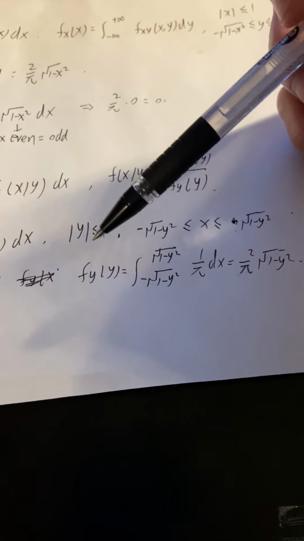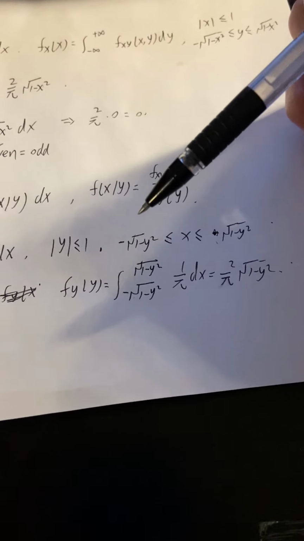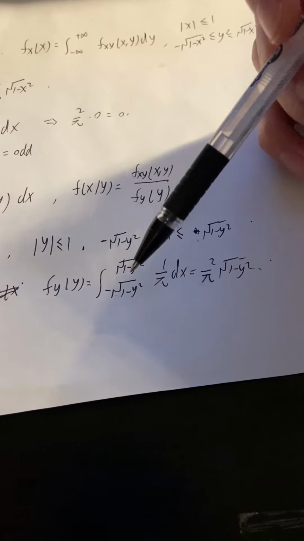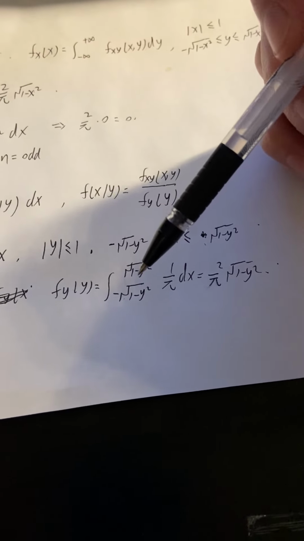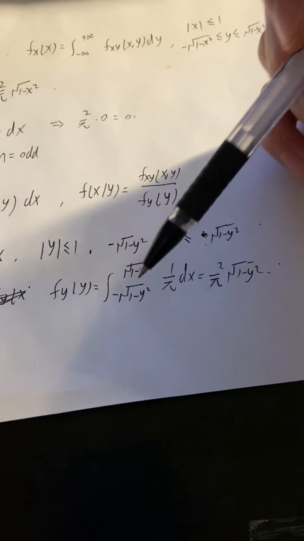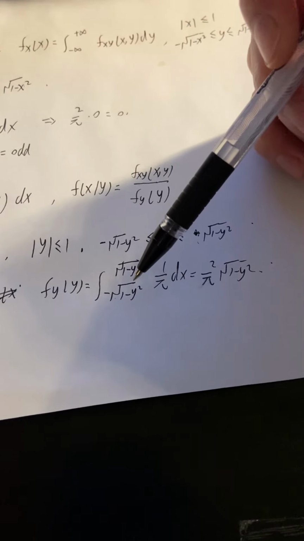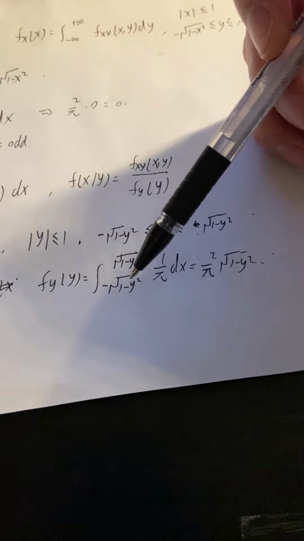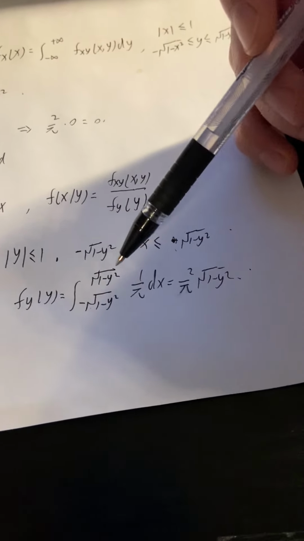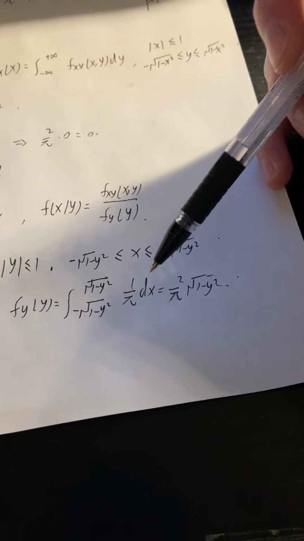So the density function of y is the integral from negative square root of 1 minus y squared to the square root of 1 minus y squared of 1 divided by pi dx.